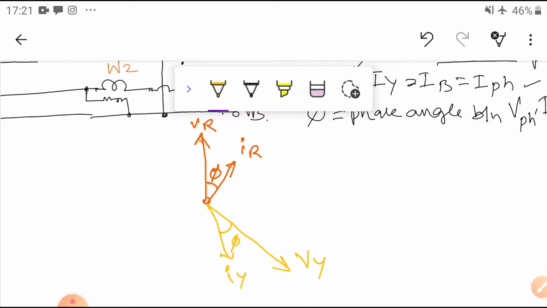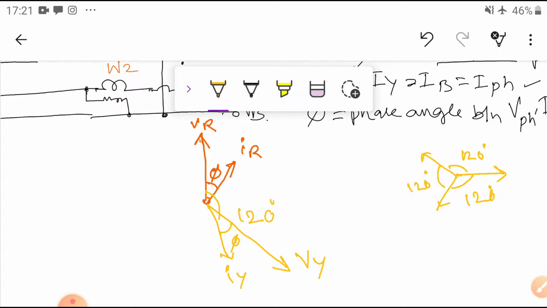Now, what is the angle between VR and VY? 120 degrees. We know that R phase, Y phase and B phase are 120 degrees, 120 degrees and 120 degrees apart, I need not tell.